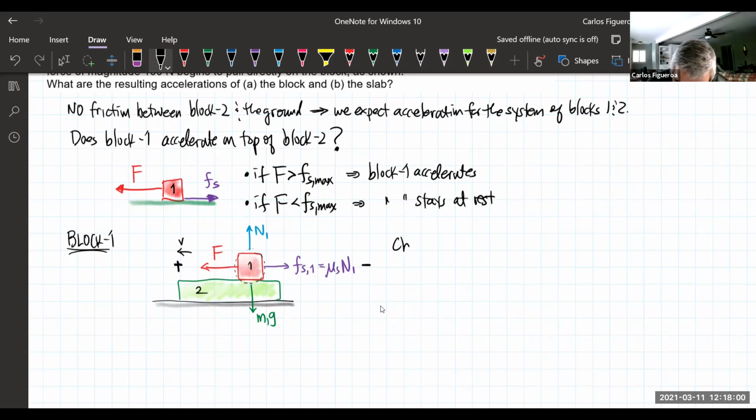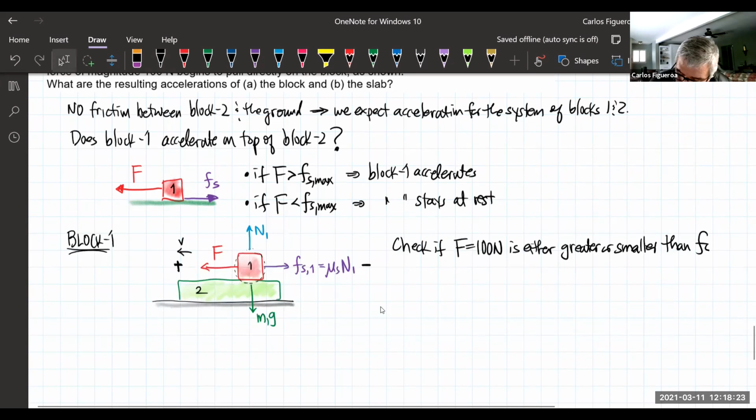We need to check if F, which is 100 newtons, is either greater or smaller than Fs of 1. So let's go calculate Fs of 1.